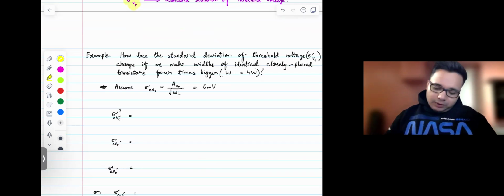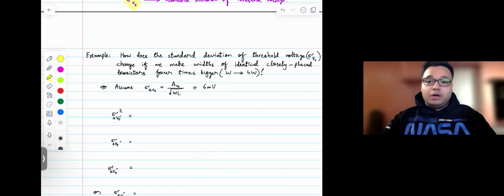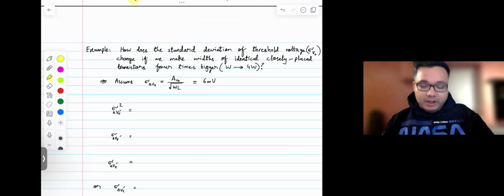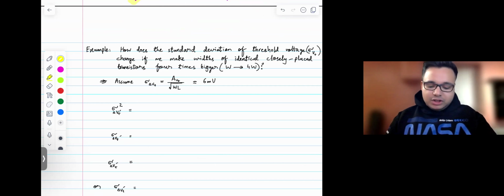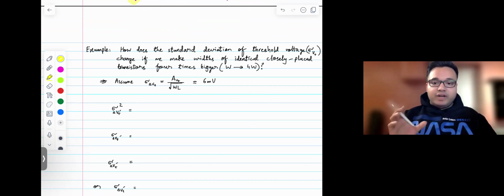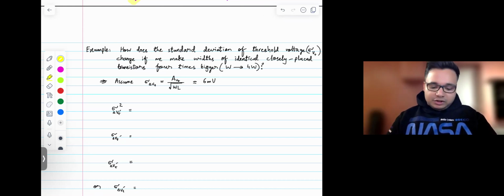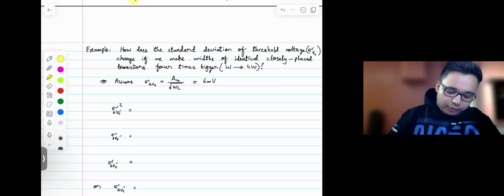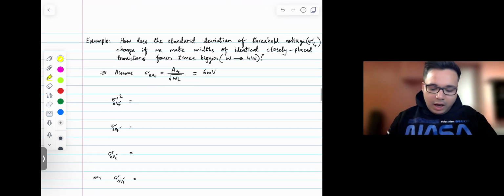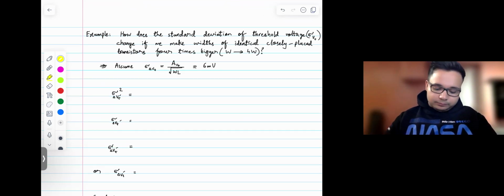Basically we're thinking of how does the standard deviation of the threshold voltage, which is sigma VT, change if we modify the widths of identical and closely placed, adjacent transistors, if we make the widths 4 times bigger, okay? So we go from W to 4W.